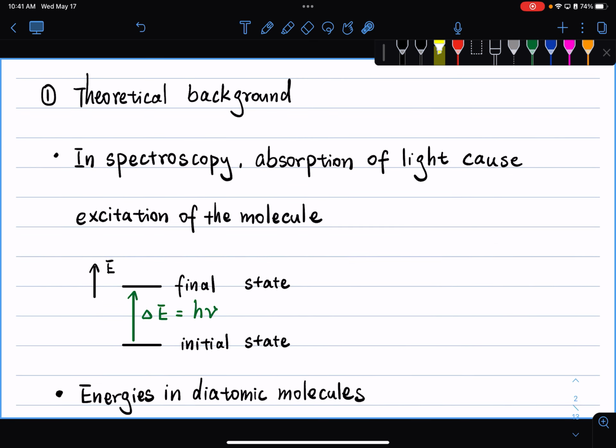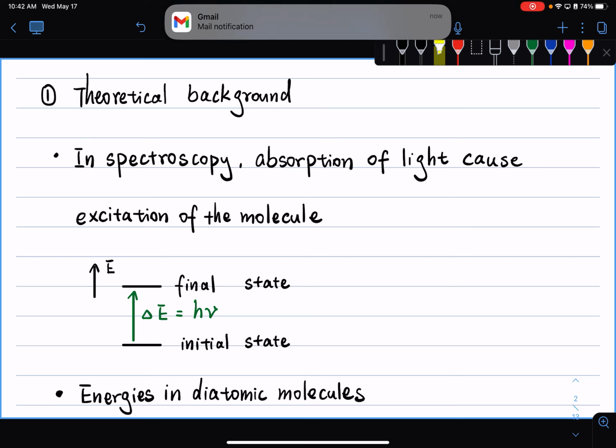All right. Again, in spectroscopy, we've seen this before. When we're talking about spectroscopy, we're talking about your molecule absorbing light. And that absorption of light can cause excitation of the molecule between two different quantum states.